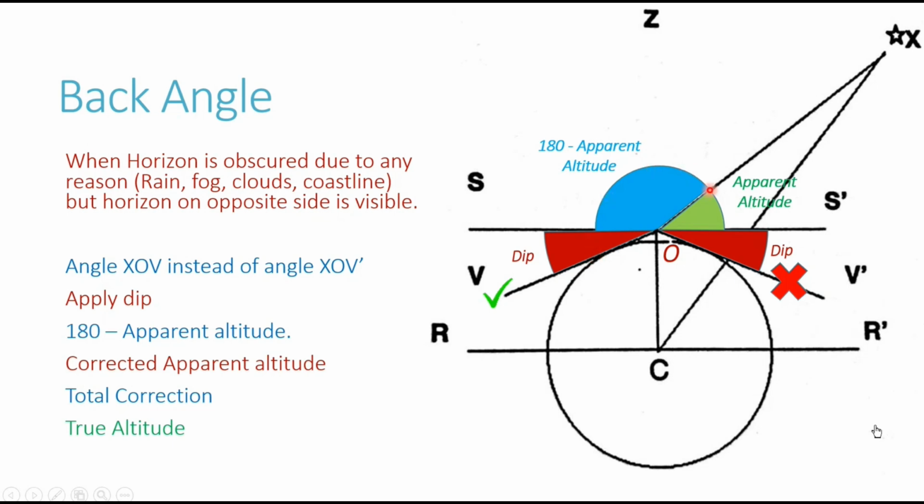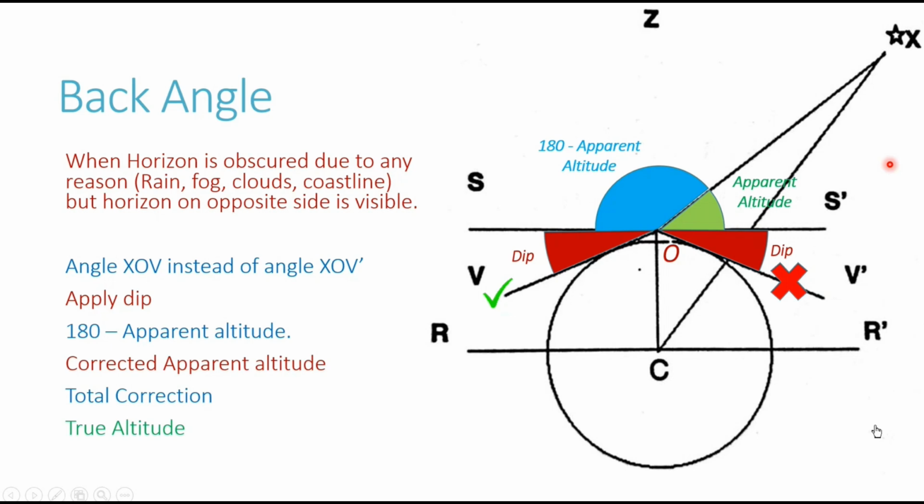So this tells us that the body's altitude should be greater than 60 degrees for it to be observed using the back angle. Because if the altitude of the body is less than 60, let us say the body has an altitude of 30 degrees only, with a 30-degree altitude, the back angle gets a value of about 150 degrees approximately.